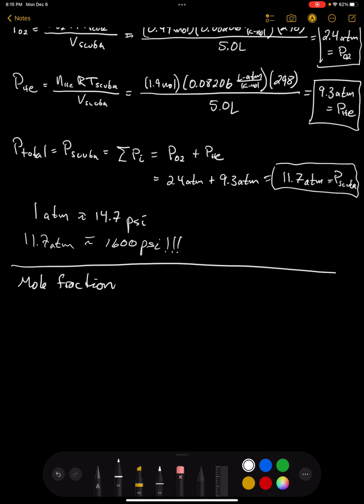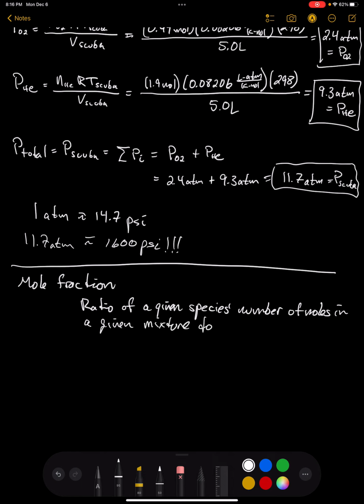Well, the mole fraction is the ratio of a given species' number of moles in a given mixture to the total number of moles in that mixture.